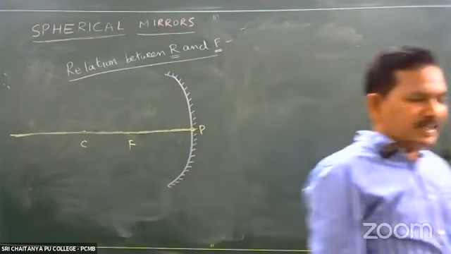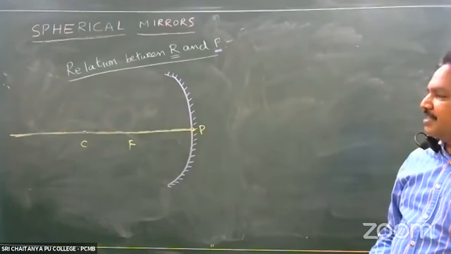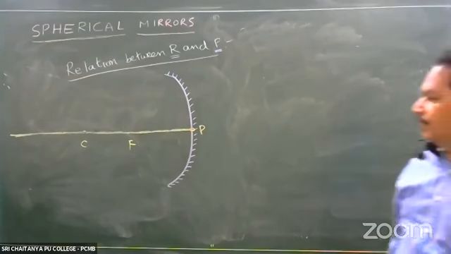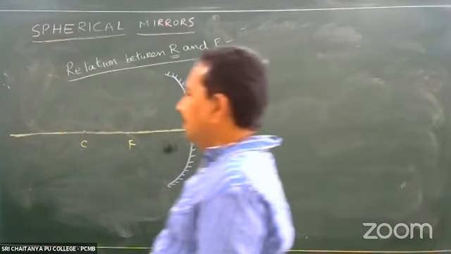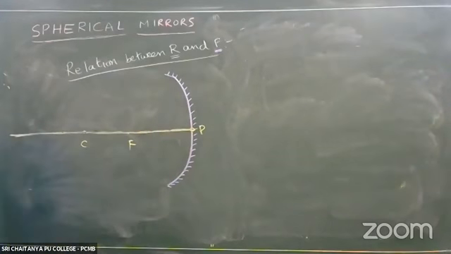First, the ray diagram. If you draw the ray diagram, the derivation part is simple geometry and mathematics. Now let us consider. First we have to draw the normal. Without normal, no reflection, no refraction concept. What is normal?